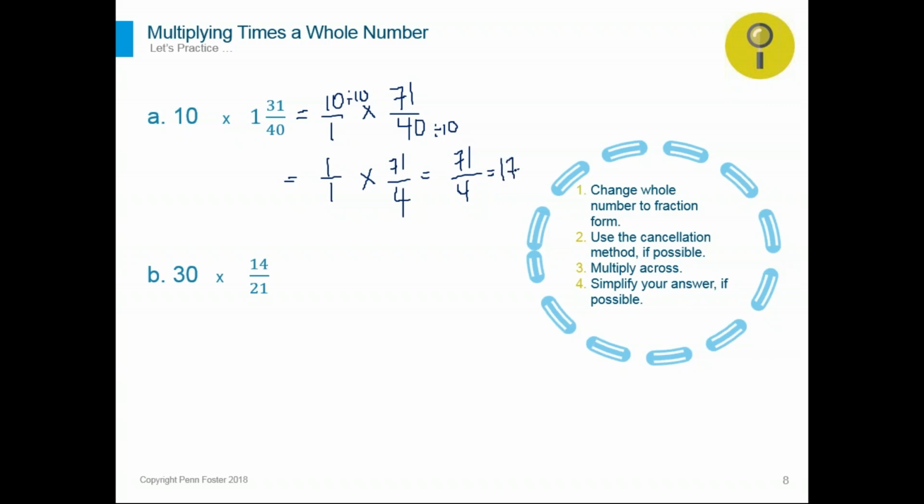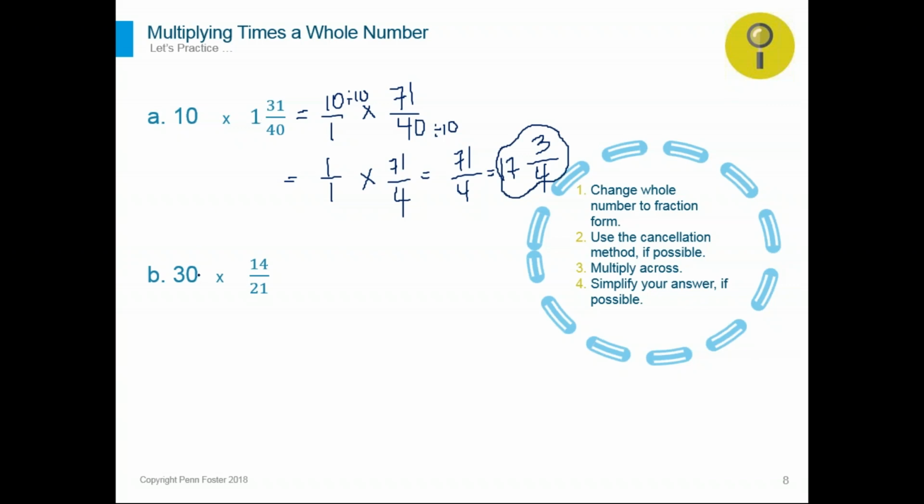Ignore the decimals and take the 17 over. And then 4 will remain the same. It's the denominator. Find out the remainder. 17 times 4, and then subtract that product from 71. That will give you 3. So 17 and 3/4 will be the product for this question.